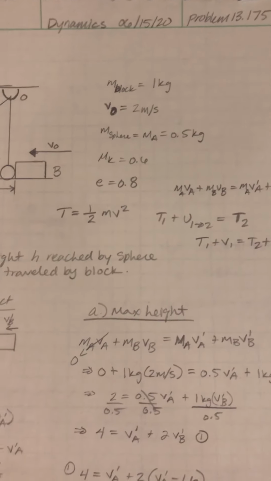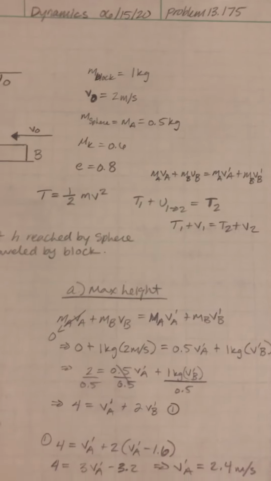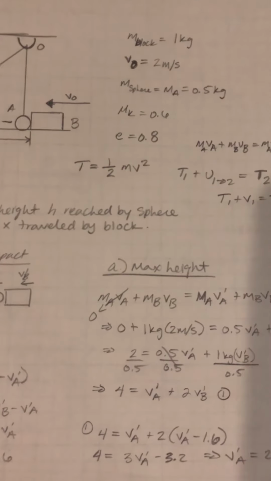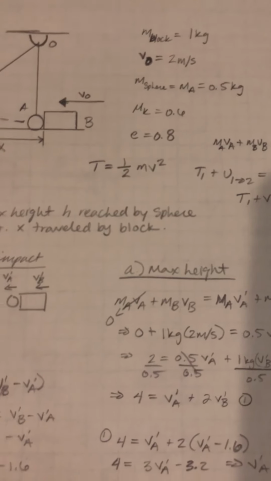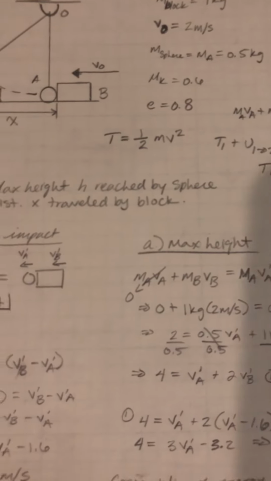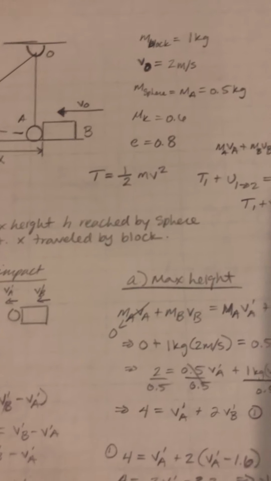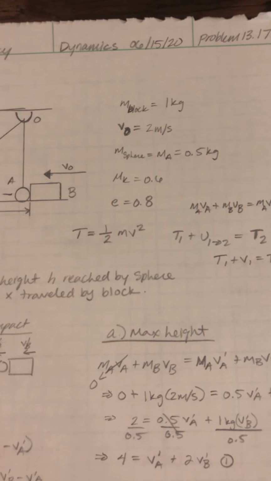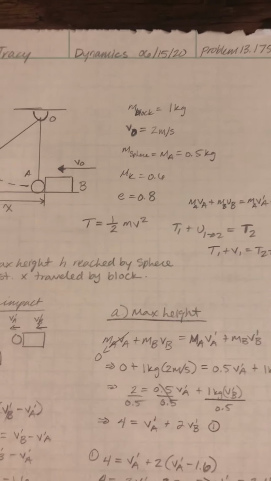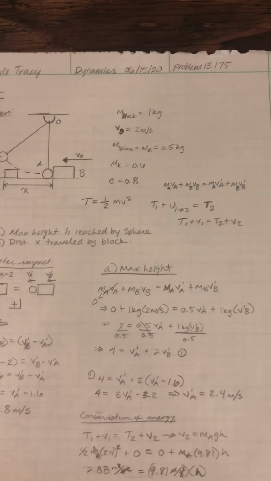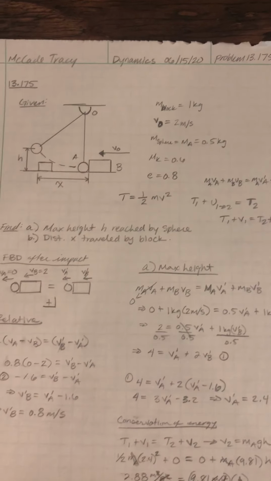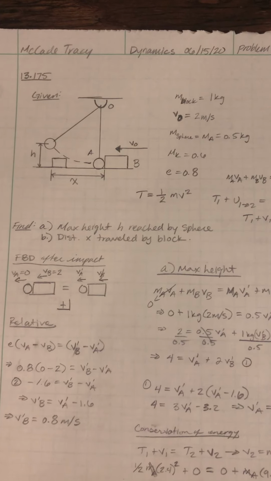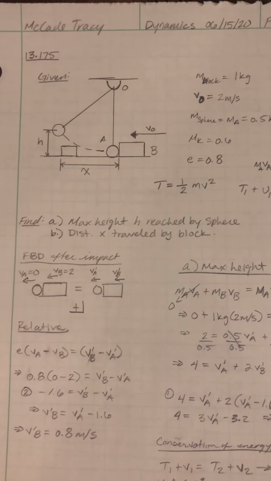We're given a coefficient or a value for the E, which again I'm not sure what that's called, and for the kinetic friction. So using similar equations that we've used in the past throughout this homework and in past homeworks, we're asked to find the max height h reached by the sphere and the distance x traveled by the block.